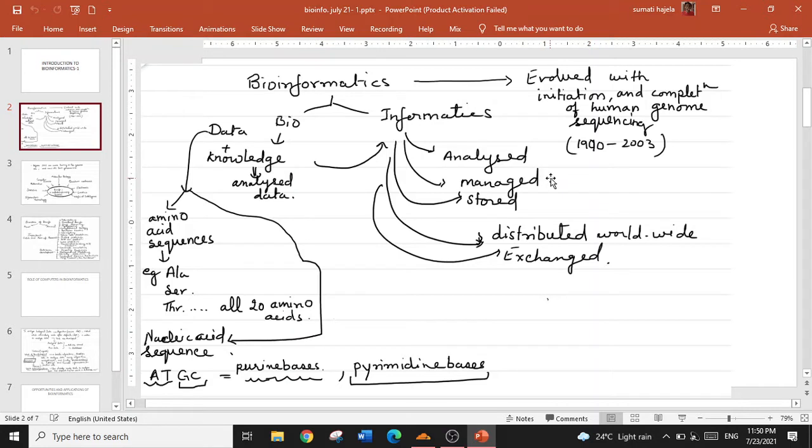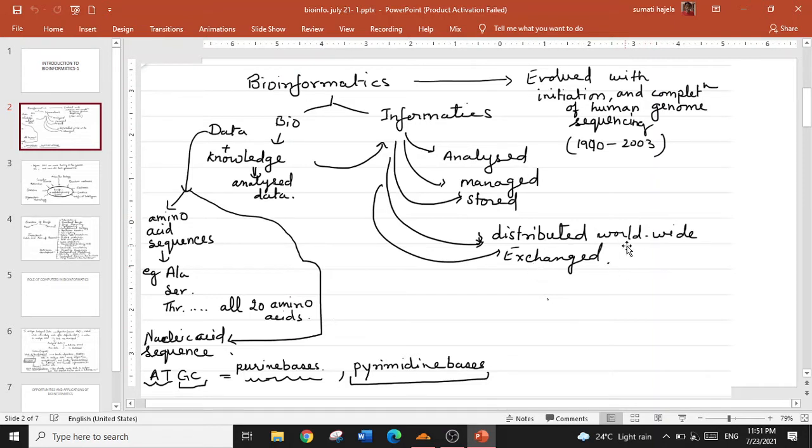Then whenever anybody requires, he or she can retrieve that data, analyze it, and use it for some specific purpose. Now, after getting knowledge from the analyzed data, it must be distributed worldwide among various scientists and clinicians, so that it will be helpful for human benefit.